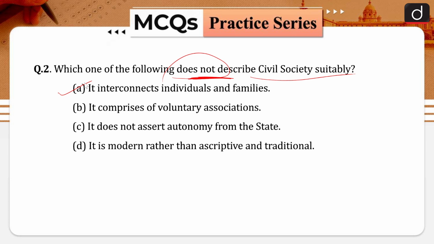Civil society does not claim independence from the state. And civil society is a set of associations which is neither state nor family, but they play a very positive and active role in social, economic and cultural activities.